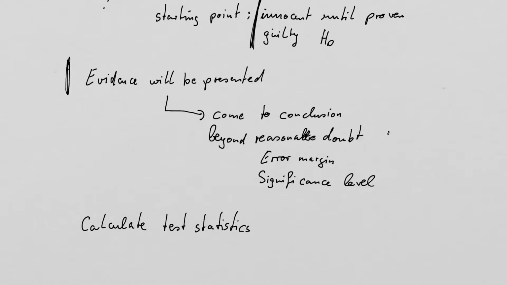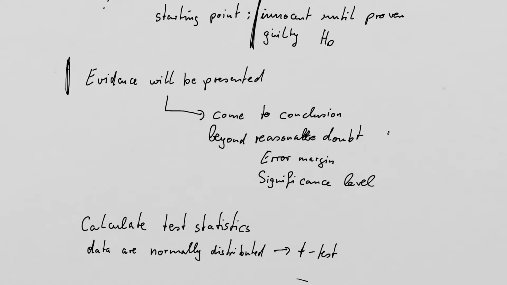And depending on what kind of data model we use, we will use different approaches to calculate test statistics. So if we, for example, assume that our data are normally distributed, then we would usually use a normal distribution test statistic or a t-test statistic.